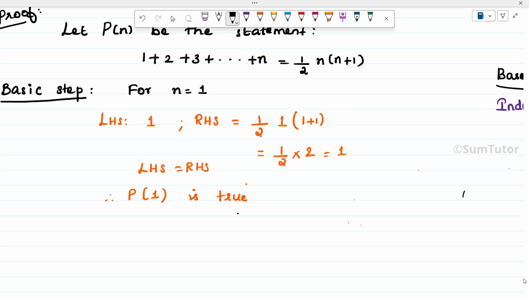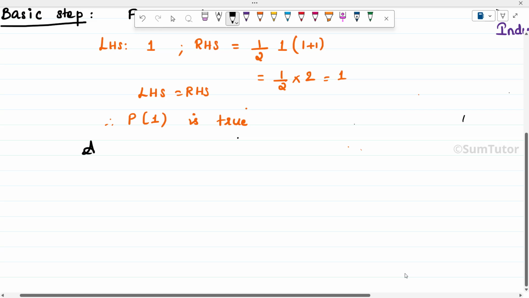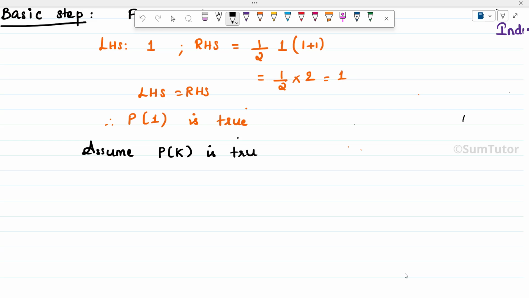So we have to assume P(k) is true in the inductive step.